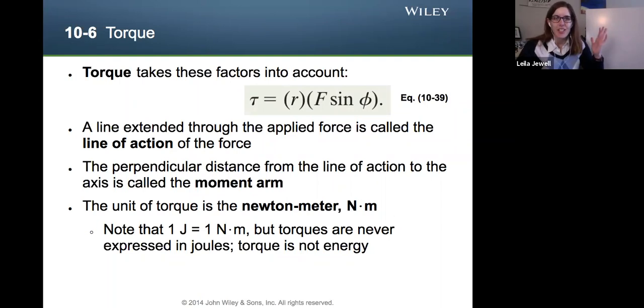But we don't express torques in units of joules, great as the unit is, because torque is not energy. This is an interesting case where the units happen to be the same, but the quantities are very different. So we express torques as Newton meters and energy or work quantities as joules, to keep those two totally separate.